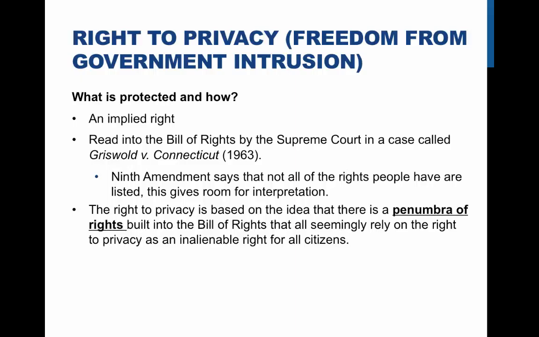So if you have the right to remain silent or the right to be free from unreasonable search and seizure, then you have the right to privacy that is built off of that. So this is a newer legal interpretation, but it is certainly important in our day-to-day lives.